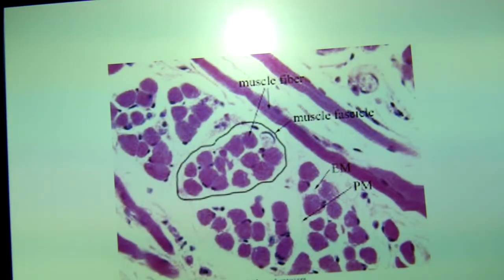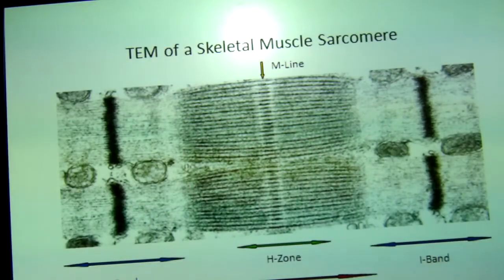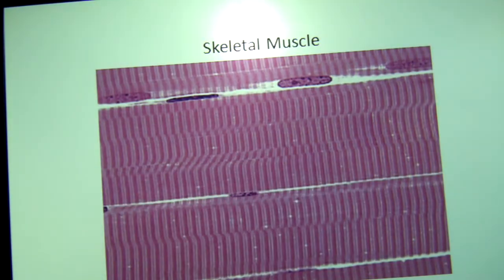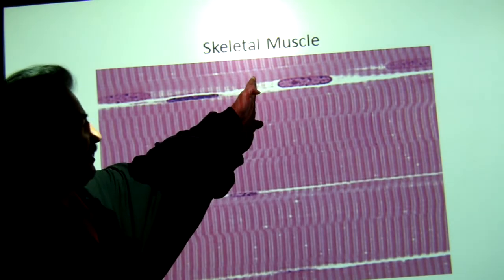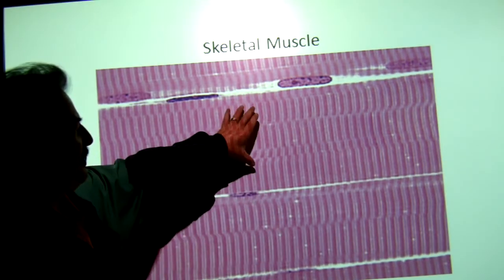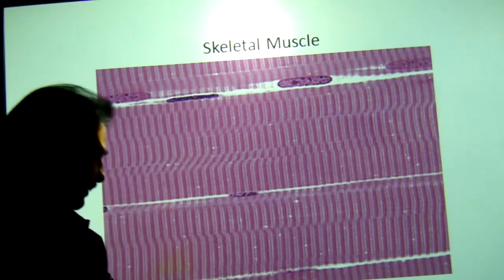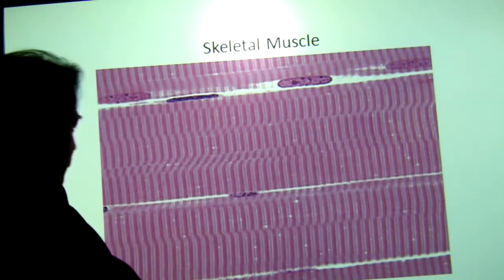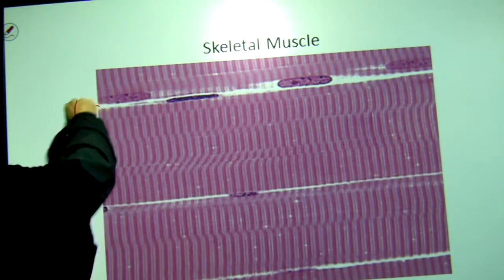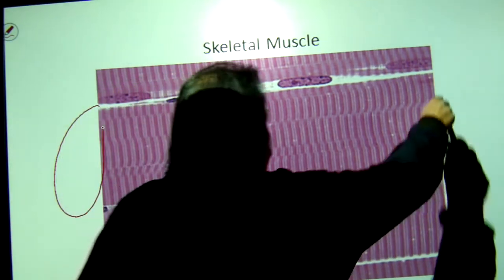Now, the thing about skeletal muscles that you have to understand is that you can look at it from the surface. Okay, so imagine cutting this muscle like this and then pulling it back and looking down on it. Okay, it's as if this muscle fiber is rounded right here.